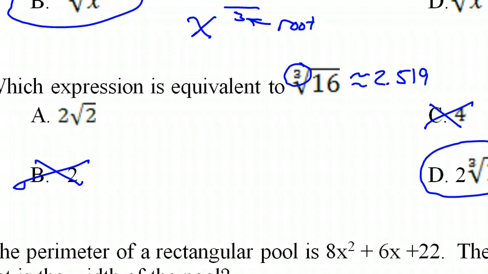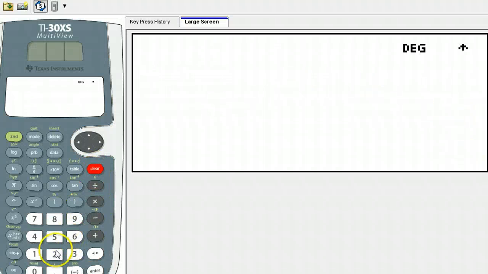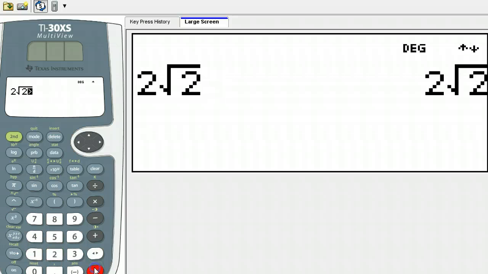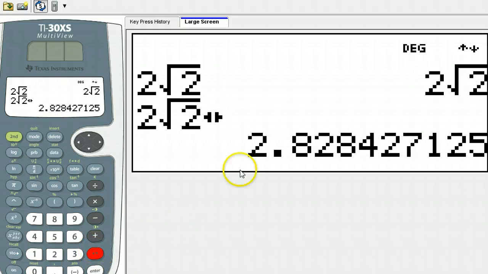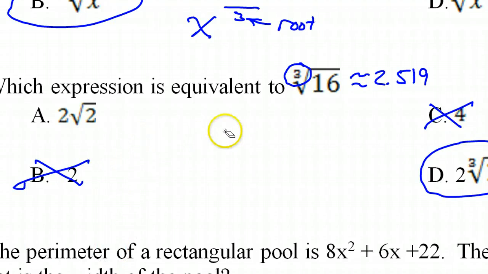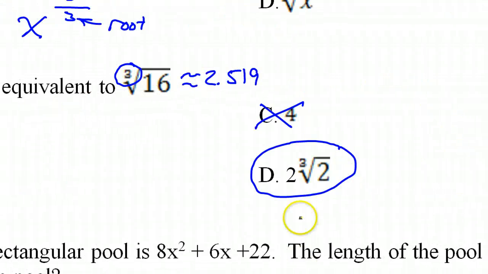But say you did, for some strange reason. If you put that in your calculator, 2 square root 2, you're going to have to hit the toggle button here to get the decimal version. So that's 2.828. 2.828 is not 2.519. So you know that's not right. So that just leaves you with D.